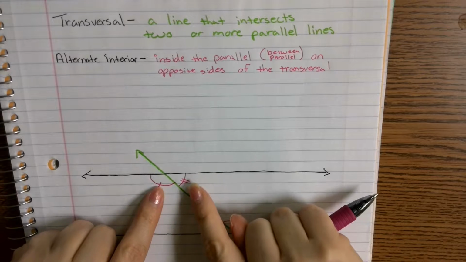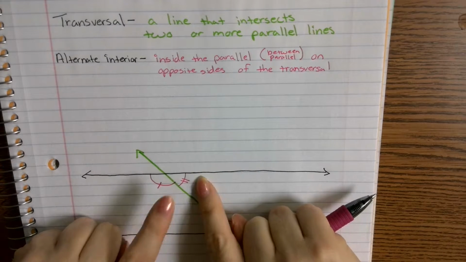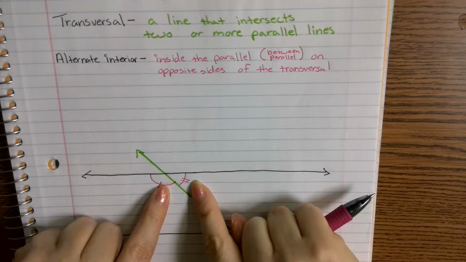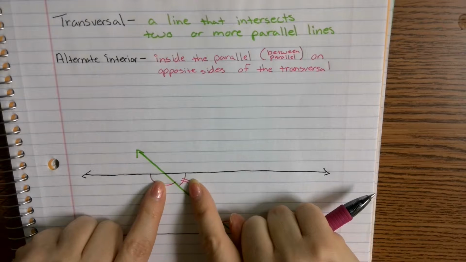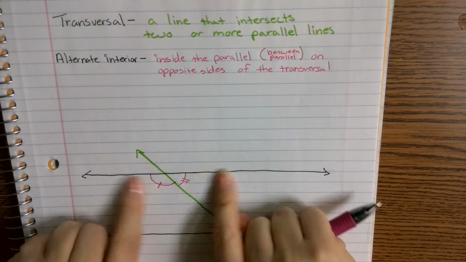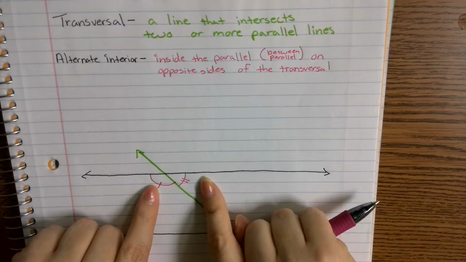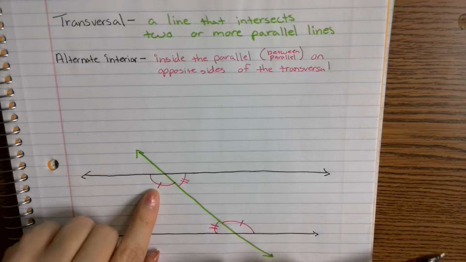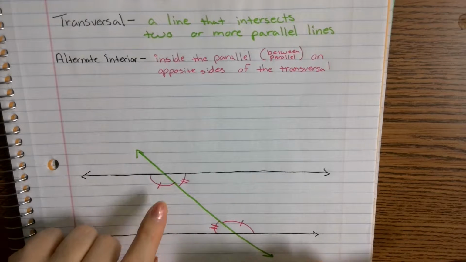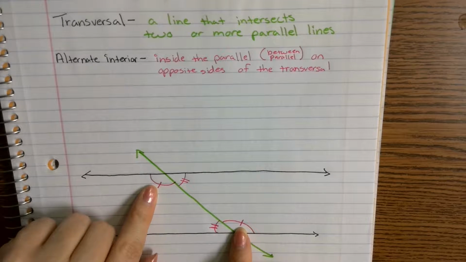Now, both of these are interior. Both of these are on opposite sides of the transversal, but they're not alternate interior angles because they're both residing on the exact same parallel line. In order for them to be alternate interior, they have to be in between the parallel lines on opposite sides of the transversal and connected to opposite parallel lines.